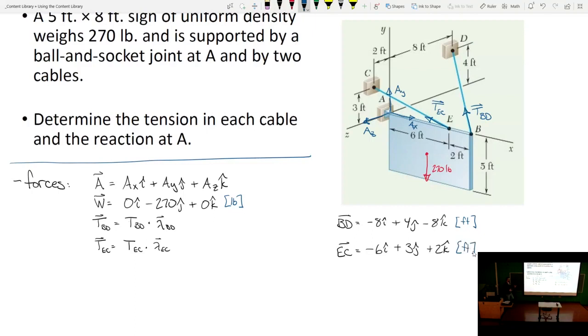If I'm doing that too fast or you want me to go through that, let me know. Okay? Is that okay? So again, -6 on the x, 3 on the y, +2 on the z, because this way we're going along the positive z-axis. Sound good? So now we need to take these and convert them to unit vectors.